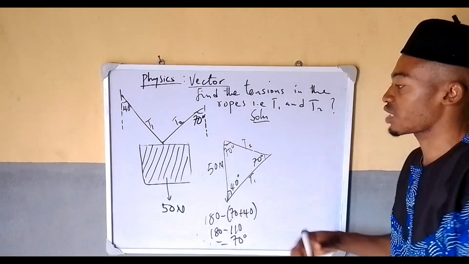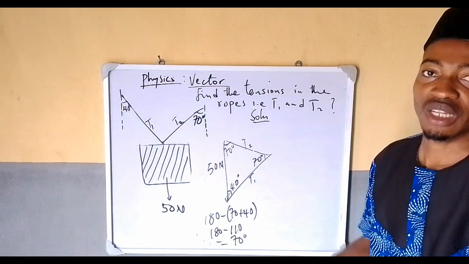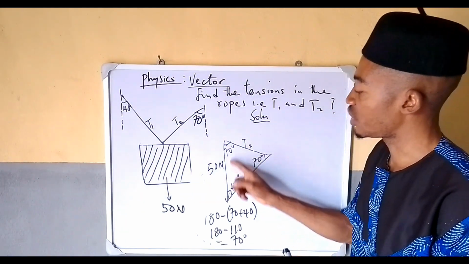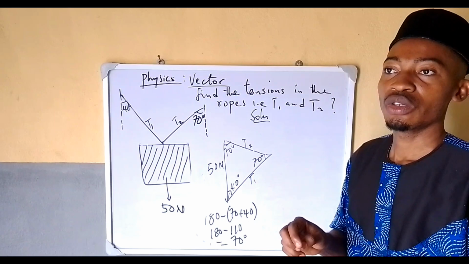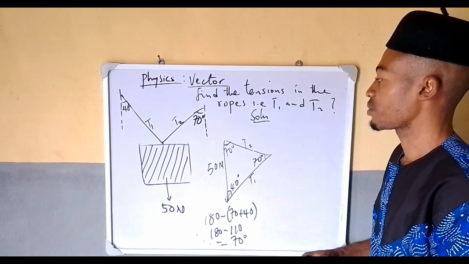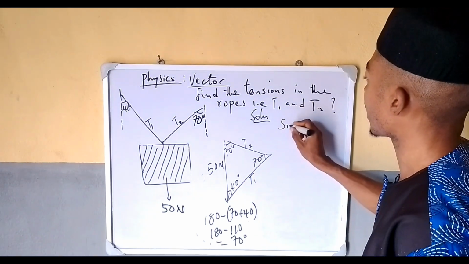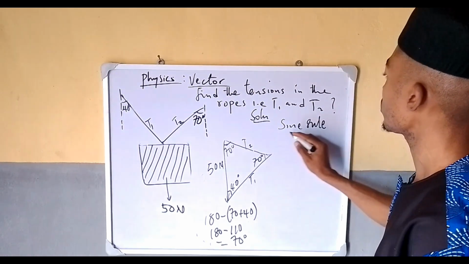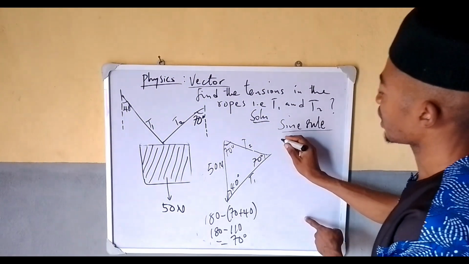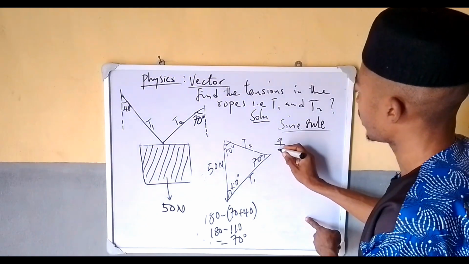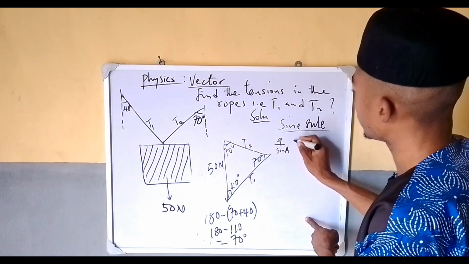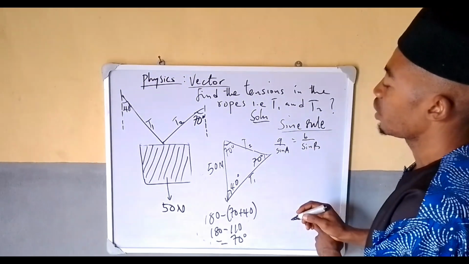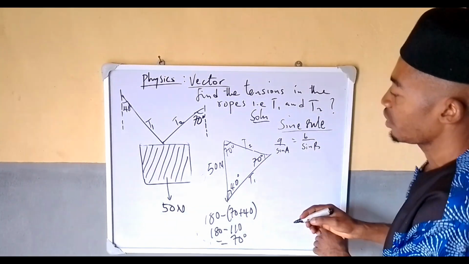Then if you look at this triangle, it is an acute angle triangle because none of the interior angles here is equal to 90 or greater than 90. So we can solve it using the sine rule. You already know that the sine rule is small a over sine capital A equals small b over sine capital B. So let us apply that here.